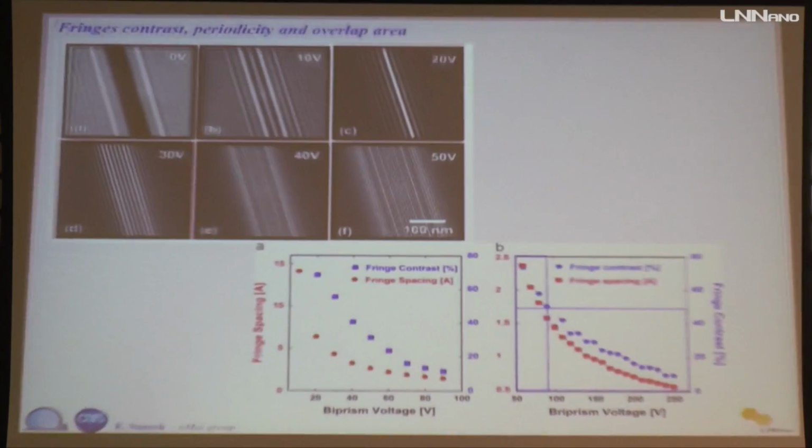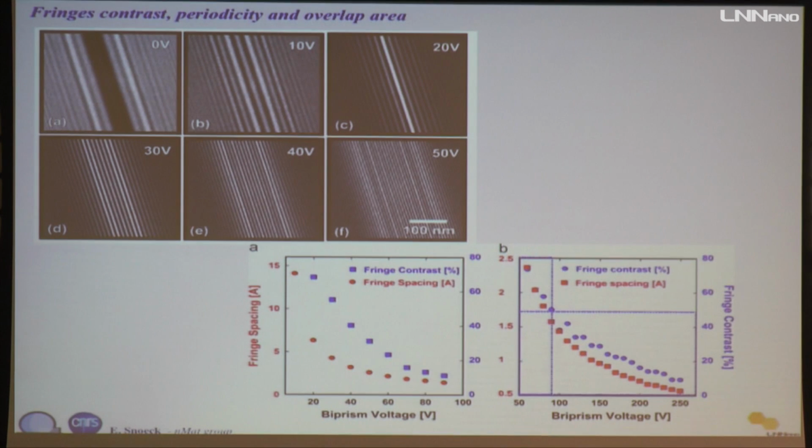Okay, and these are some results that you get practically. These are holograms obtained, I don't know who did that, with different applied voltages. And what has been plotted here is the decay of the fringe contrast, down to about 10% at 80 volts, with the decay in parallel with the fringe spacing.